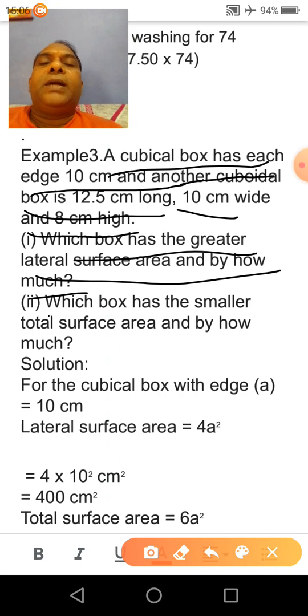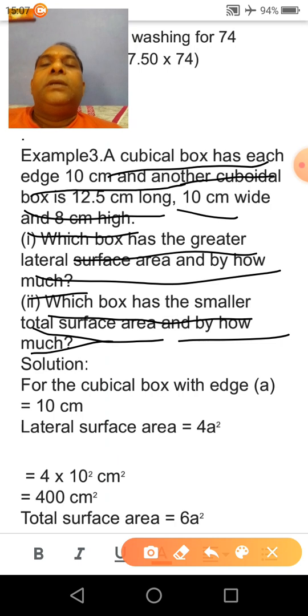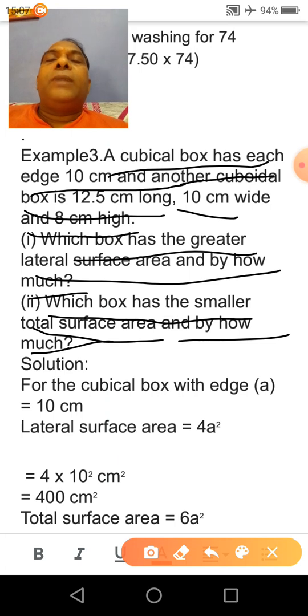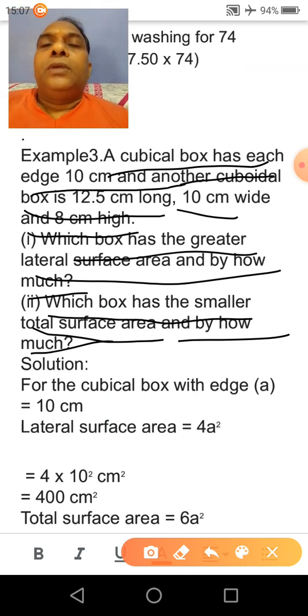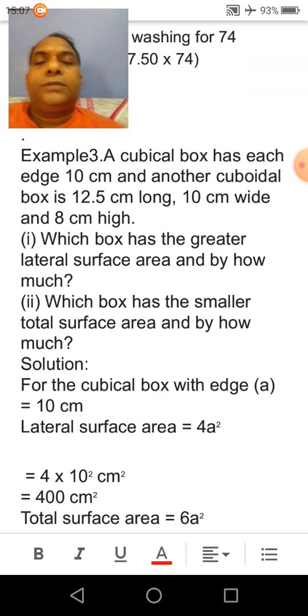Or second part, which box has the smaller total surface area and by how much? So here cubical box and cuboidal box are given. So firstly you have to find surface area of cubical box and then surface area of cuboidal box.